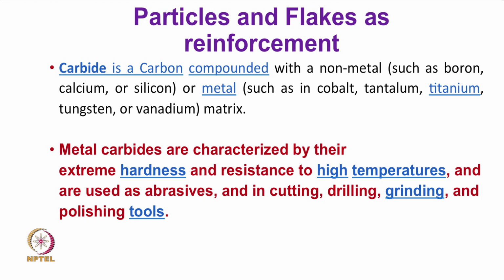Carbide is a carbon compound with non-metals such as boron, calcium or silicon, or metals such as cobalt, titanium. Okay. This type of matrix. So, this is the matrix, and in carbide, the carbon is a particle. So, carbon particle is used with all this type of metal and non-metal matrix.